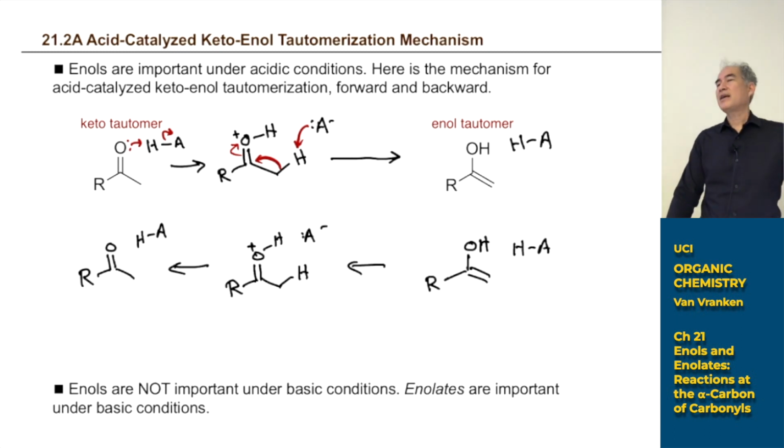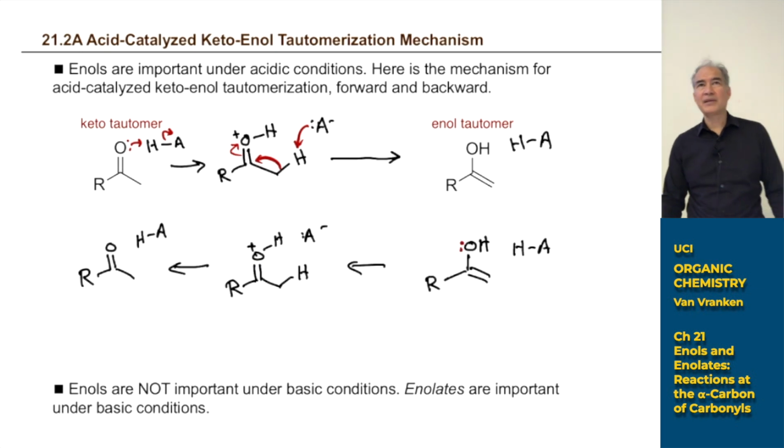The transition states will be exactly the same. Just the way we draw the arrow pushing will be different. So let me go ahead and draw out the backwards mechanism. So you can see here, if I'm going backwards, I need to stick a proton on this carbon right here. And I need to make a double bond here. So let me go ahead and do that. Okay, I've got these lone pairs on the oxygen. When I see an enol, this is what I'm thinking.